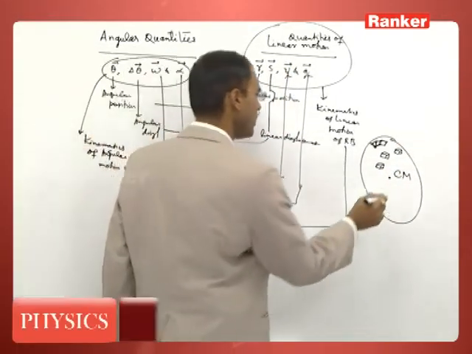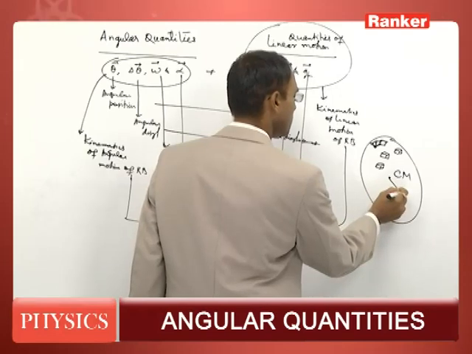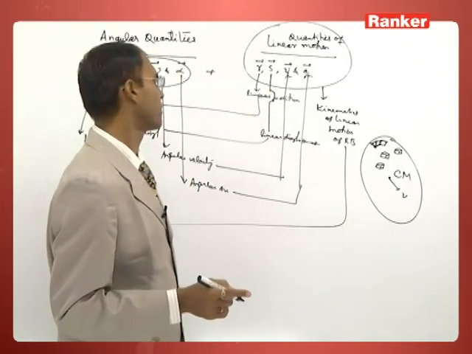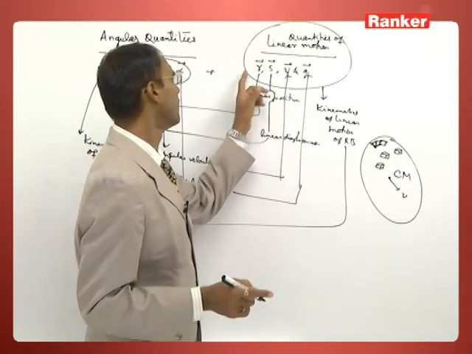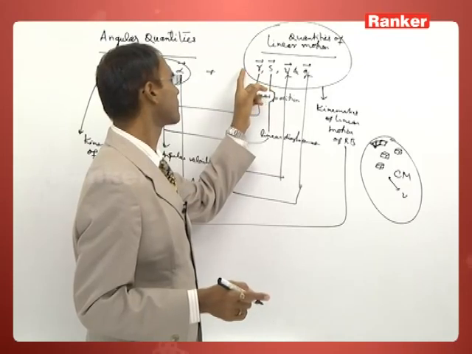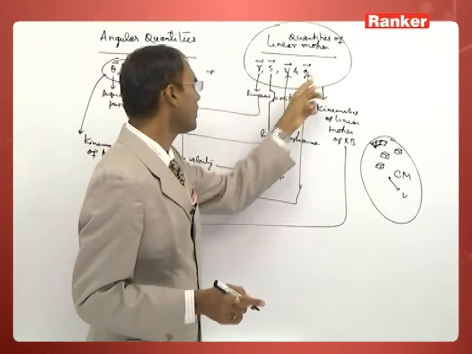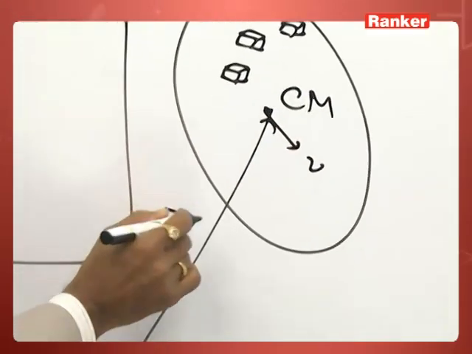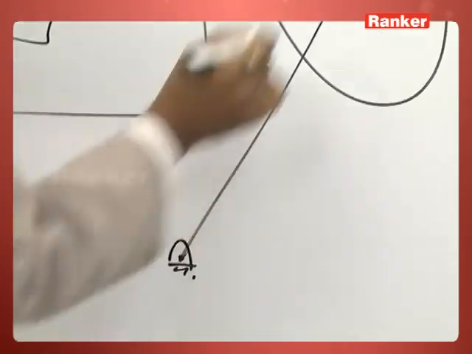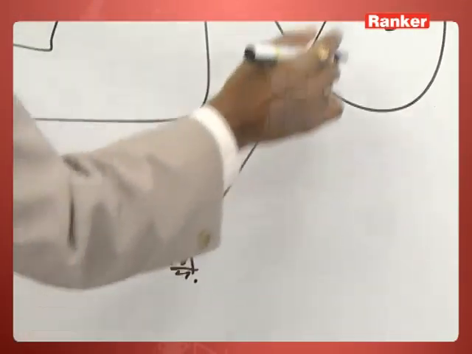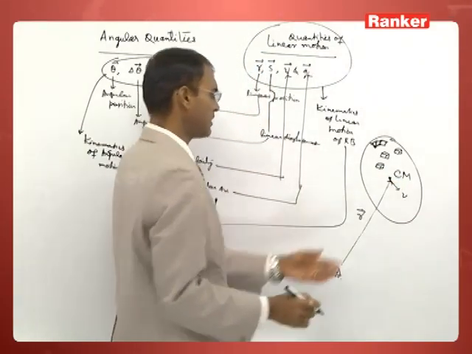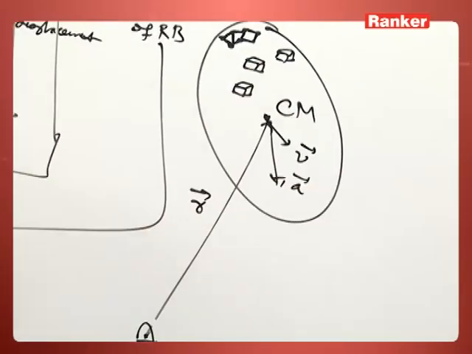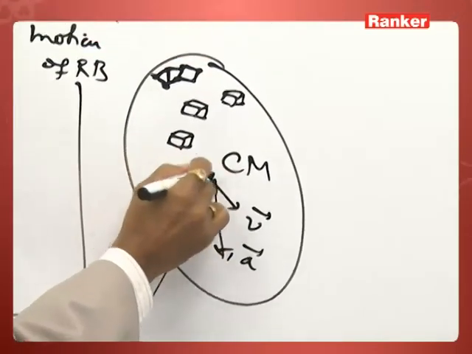The center of mass may move with some linear velocity, because the center of mass is a point. For this point, we can give all these quantities. This point may have some position characterized by a position vector, or it can have some velocity vector, it can have some acceleration vector, and it may undergo some displacement also.